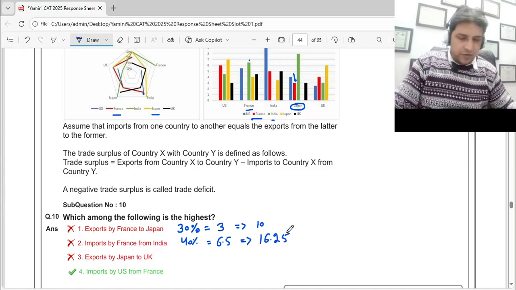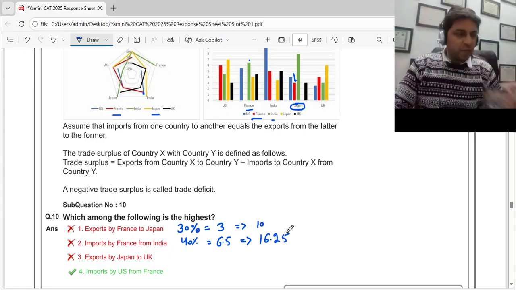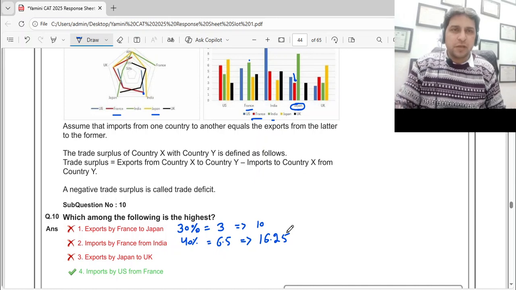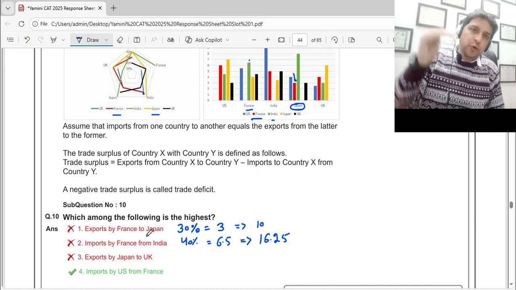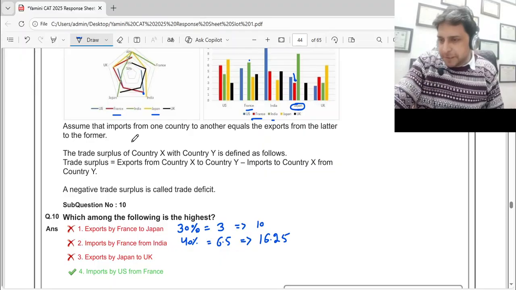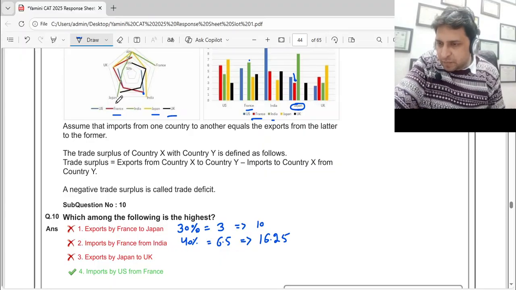The next one which we have, exports by Japan to UK. That means UK is importing. So for UK, Japan, that is here again 40%.